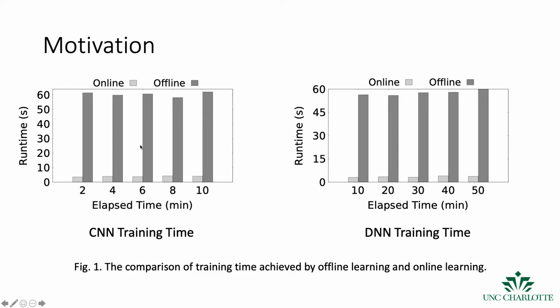From these figures, we can see that online learning is significantly faster than offline training. The reason is offline learning has to spend a long time waiting until the whole data batch is available. In contrast, online training only uses newly arrived data and doesn't have to wait for the moment that all data are available.